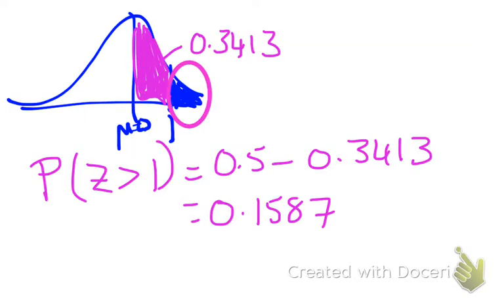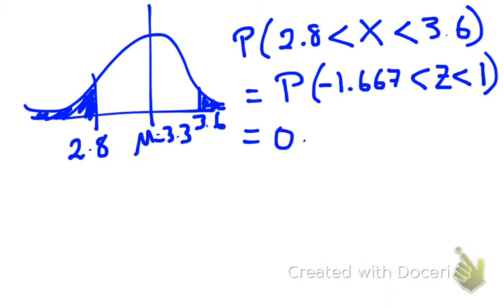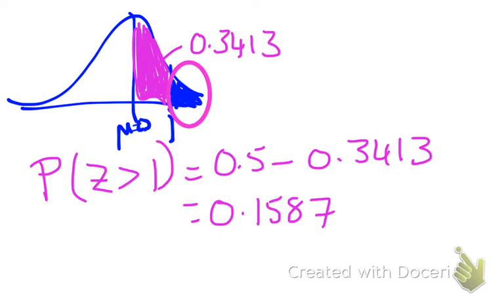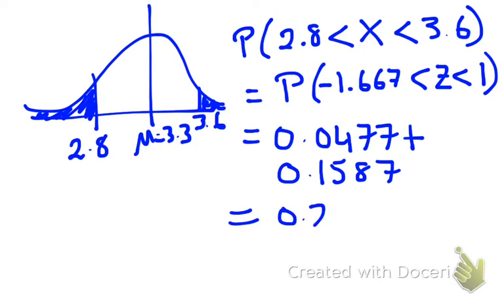So if I just flick back a moment to those two tails, one tail had this value of 0.0477, and because it's an all probability, we're going to add that with the probability we just found previously of 0.1587. And together, that gives us a probability of 0.2064. And this is probably the most complicated standard normal distribution one that I've probably ever seen. So this should be as hard as it gets.